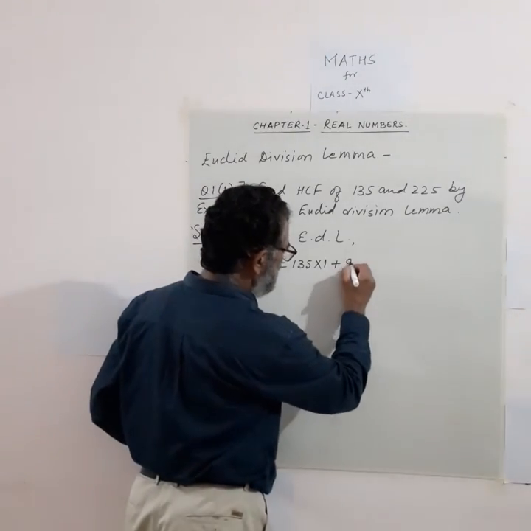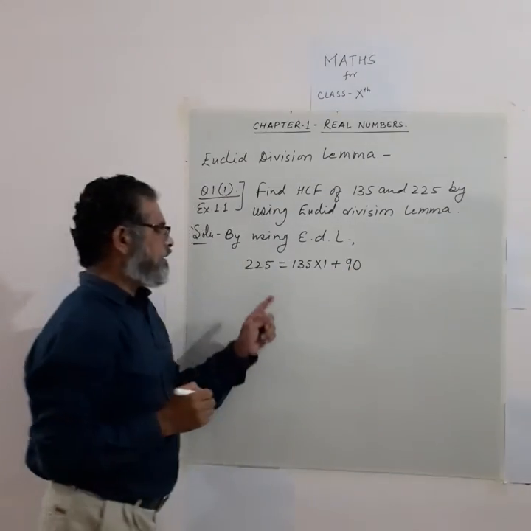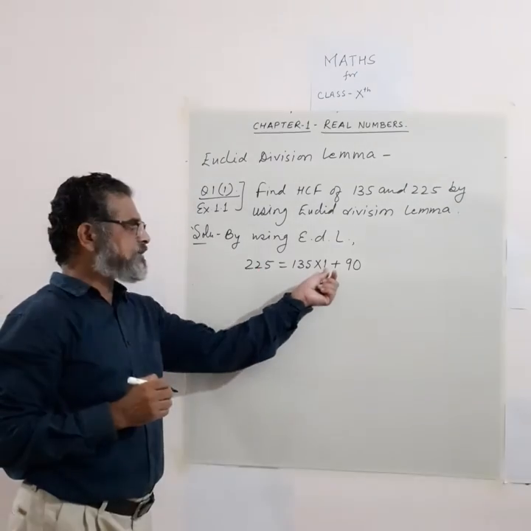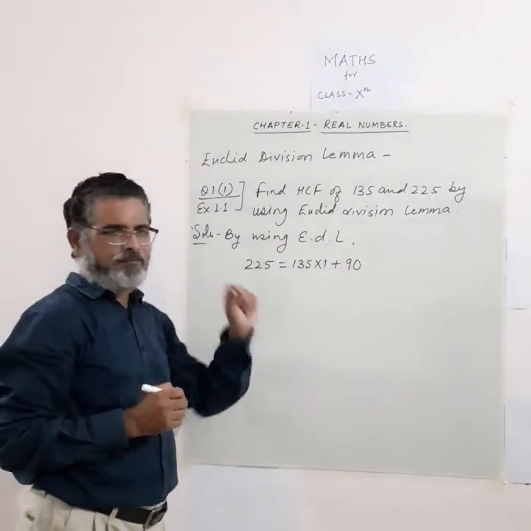That will be 90. If we divide 225 by 135, the quotient is 1 and the remainder is 90.